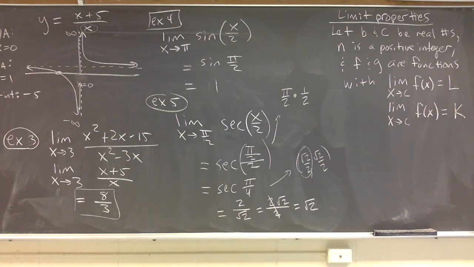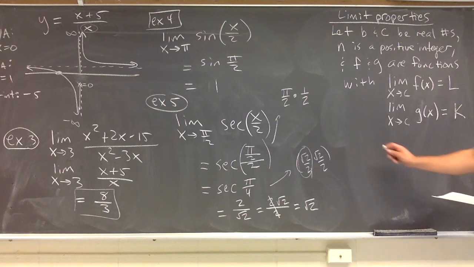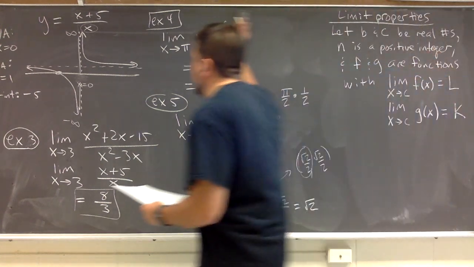Okay? So how can we work with multiple limits or multiple functions, multiplying them, adding them, things like that, knowing that we have a limit at this value for f, and this is supposed to be a different function g. Okay? So first property, let me go ahead and write over here.